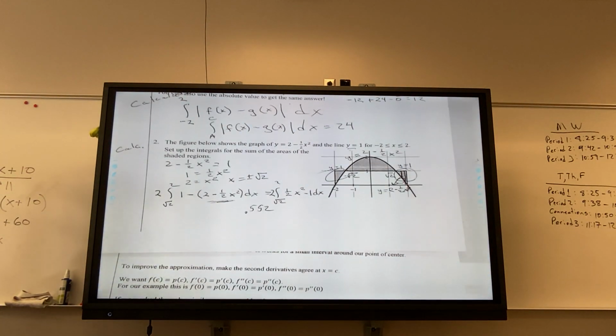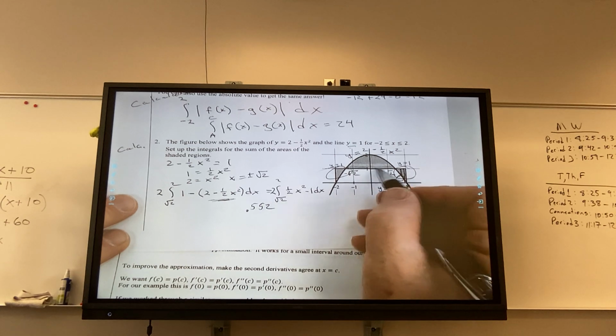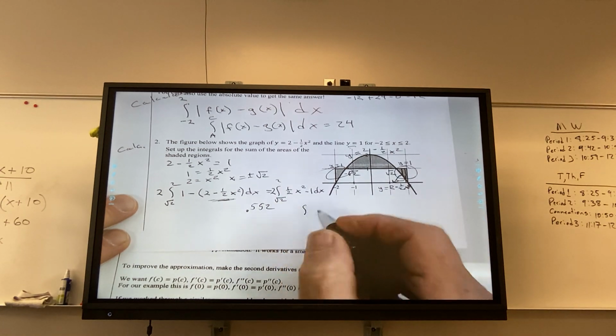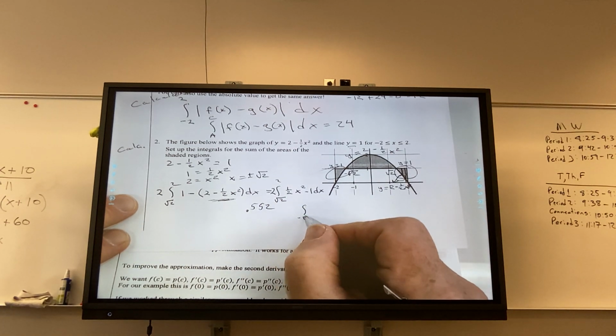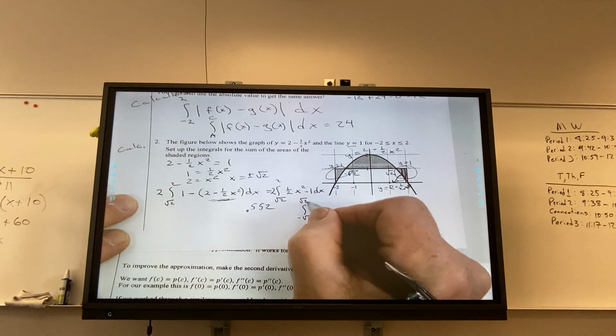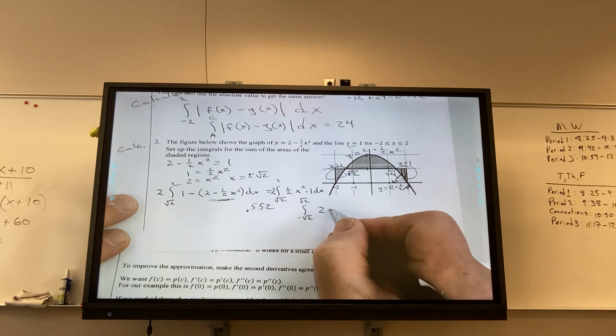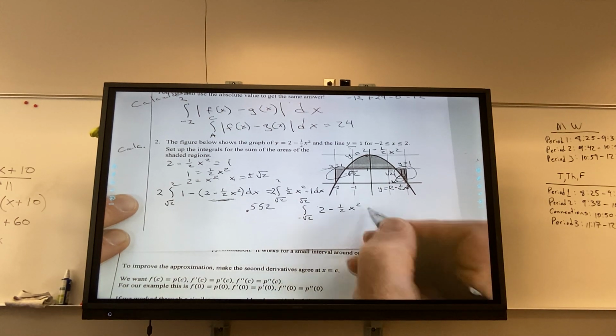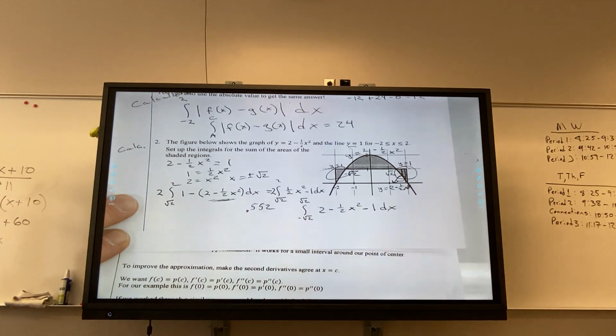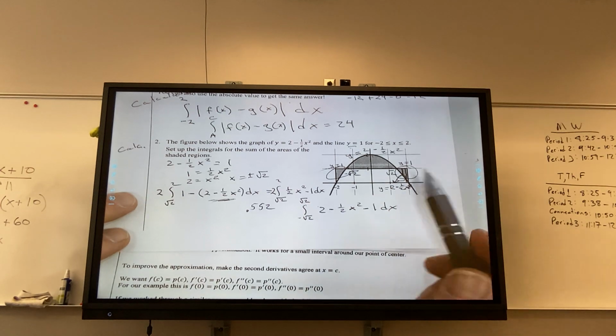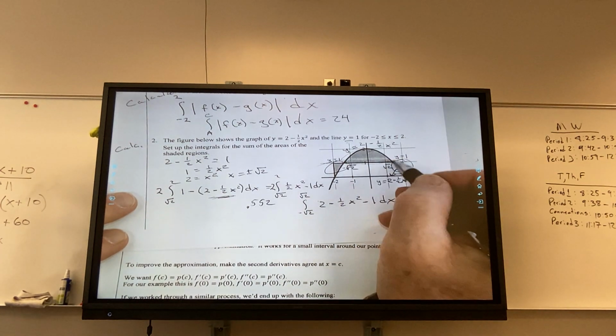So this next one now is I'm gonna figure out this area, and it's gonna go from a negative square root of 2 to 2. My top is 2 minus 1/2 x squared minus 1 dx. Is everybody okay where I got that? Okay, so I'm figuring out this area right here, correct?